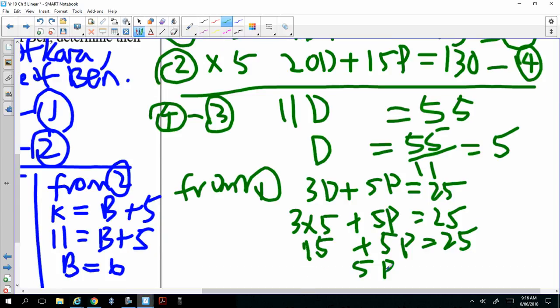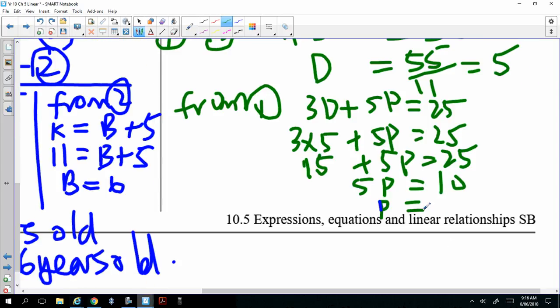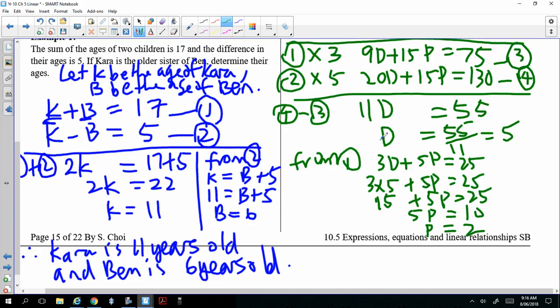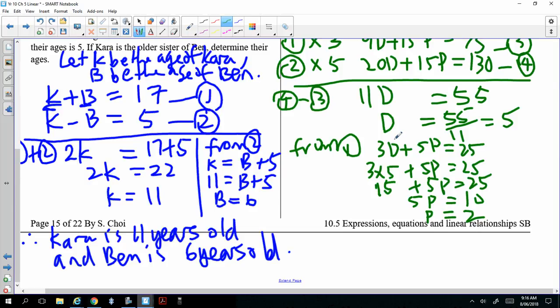Therefore P is $2. Again, using meaningful letters is important because once you have the values of P and D, you know the value of daffodil and petunias. It's very good to use the first letter of the unknown rather than just X and Y, because it can be confusing.